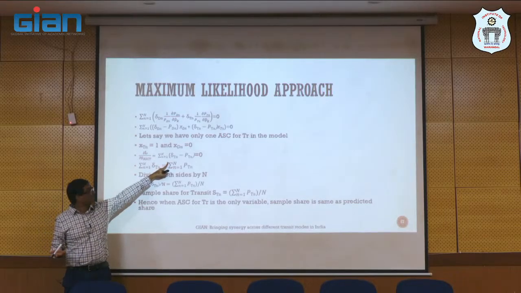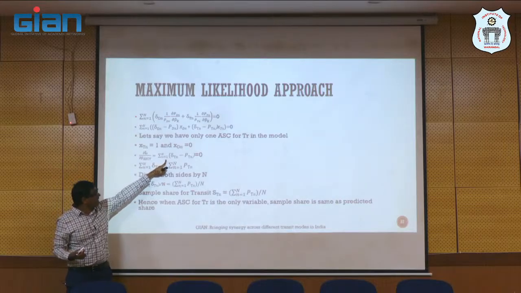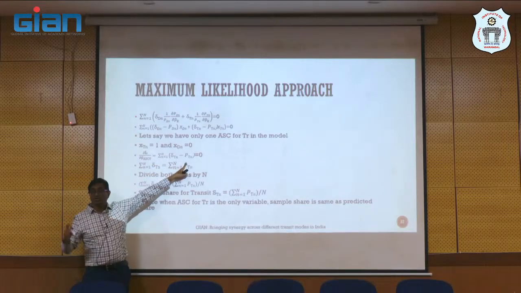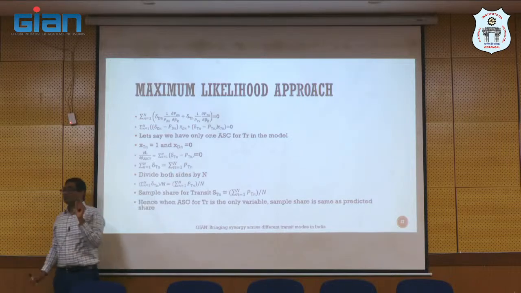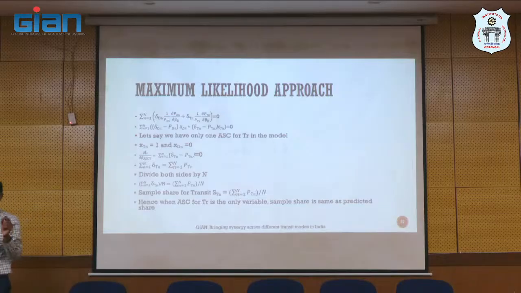That should be equal to the sum of the predicted probability for transit. So if 300 people chose transit in a data set of 1000, my total predicted probability for transit will be exactly 300, or 0.3 for each person, if you're using only a constant.